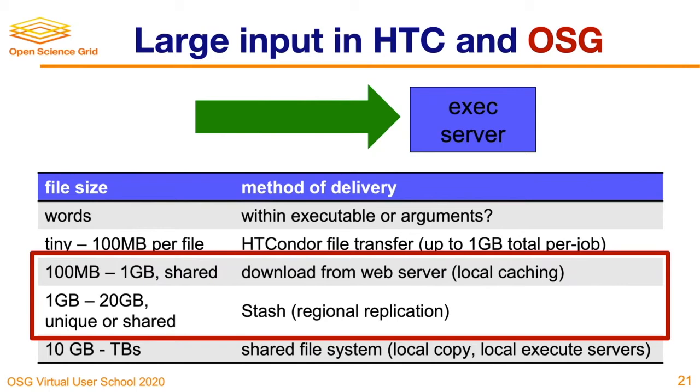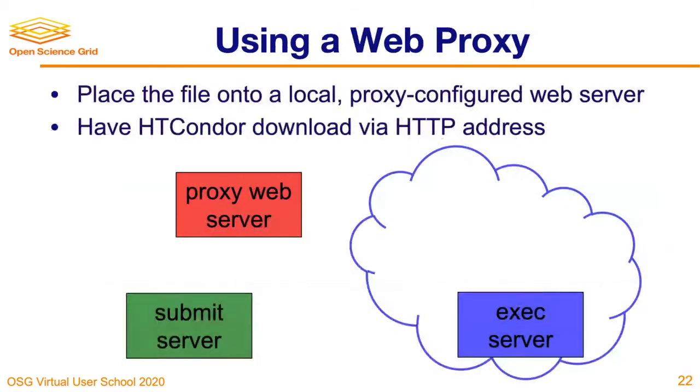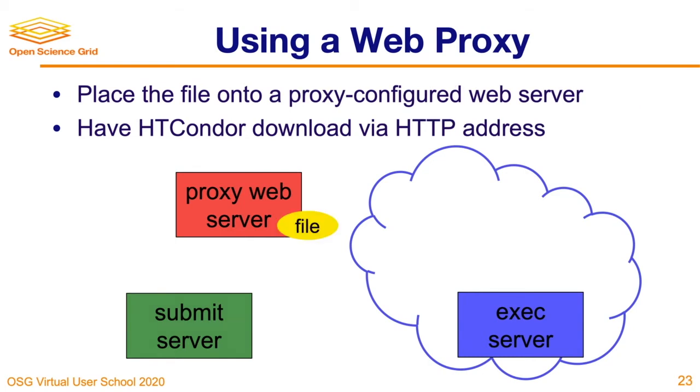The difference is that with the web proxy, we're going to be downloading from a web server as opposed to from Stash itself. So the way this process works is the file will have to be on some sort of proxy configured web server, whether it's something you locally host or something publicly hosted. It's a place that has the file that you need that is accessible via an HTTP address.